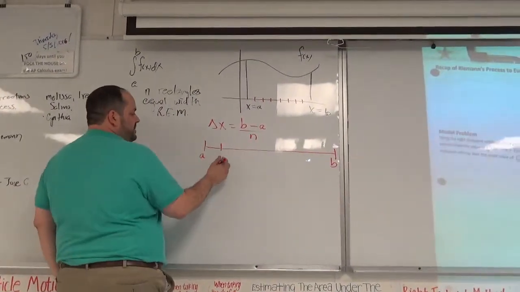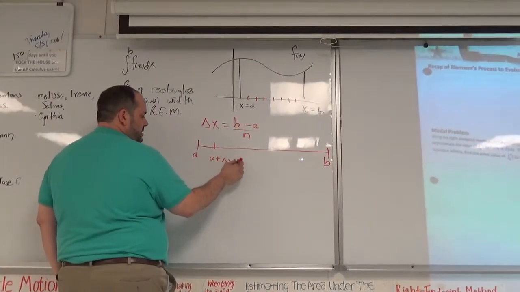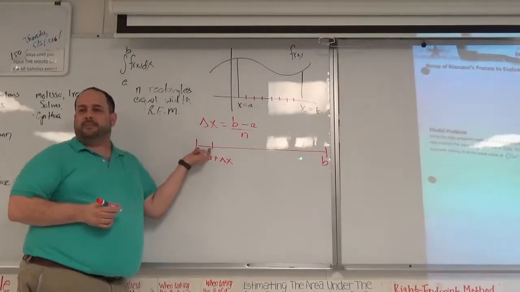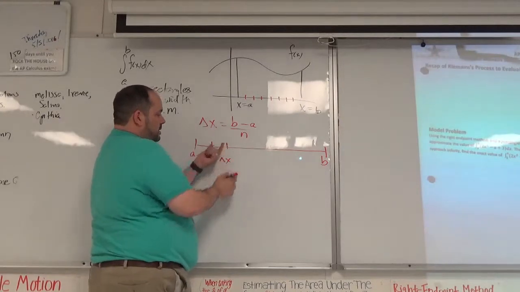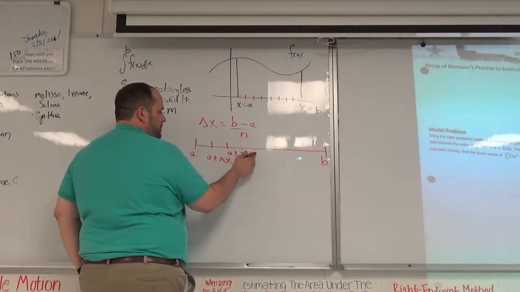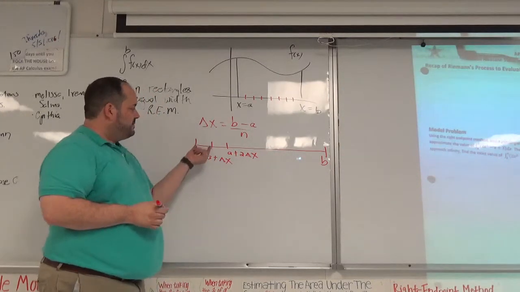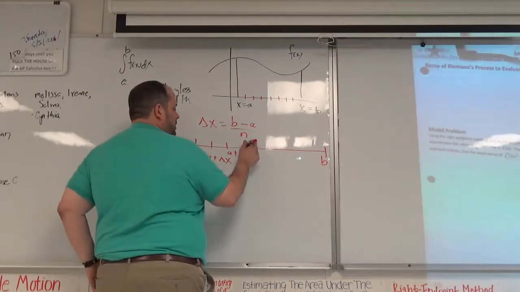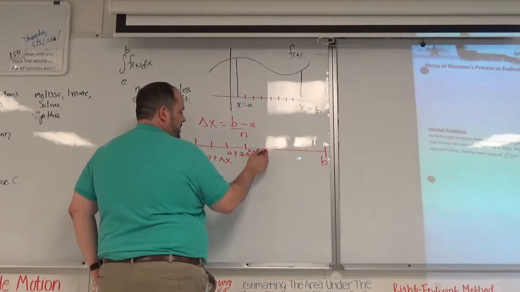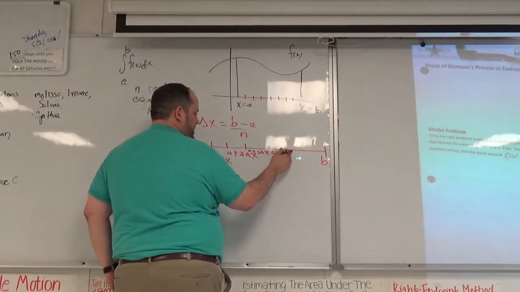So this first endpoint is going to be a plus delta x one time because I've moved over one space. The next one? a plus 2 delta x, because I've moved over that same width two times. Next one? a plus 3 delta x. a plus 4 delta x.